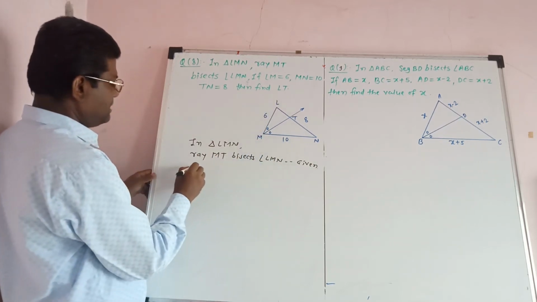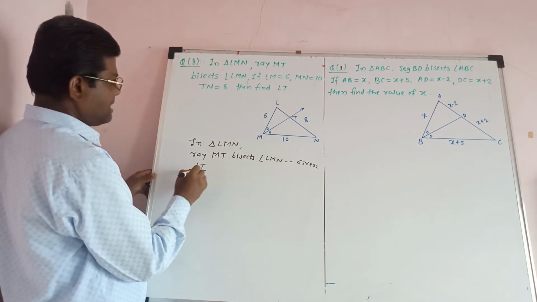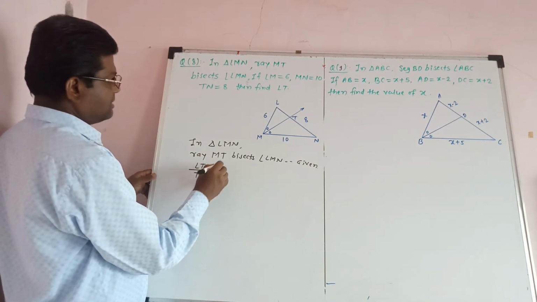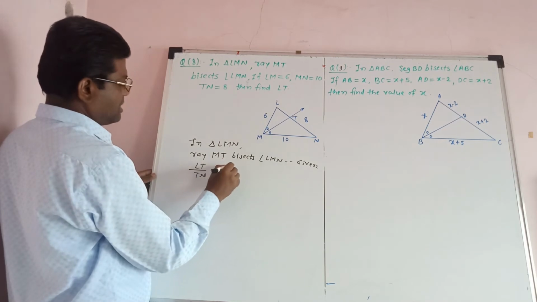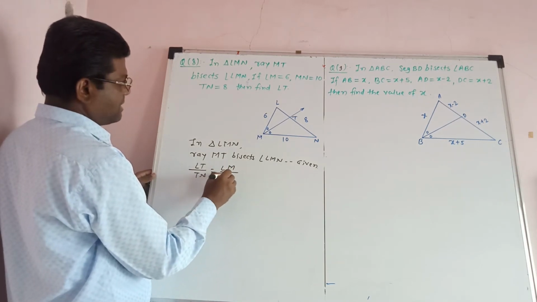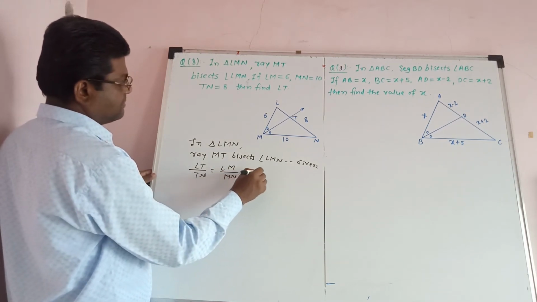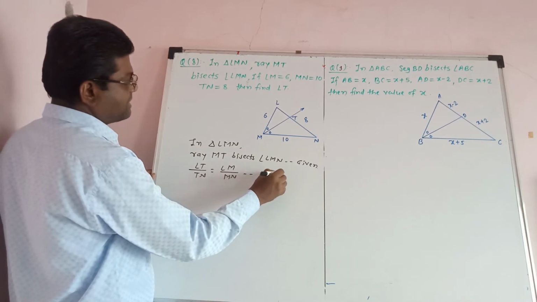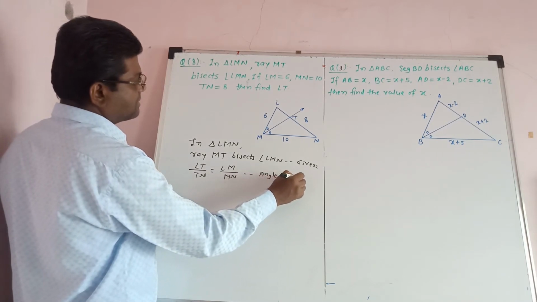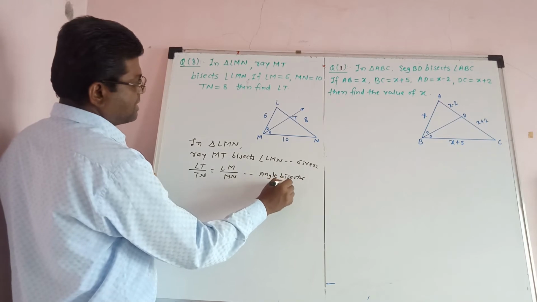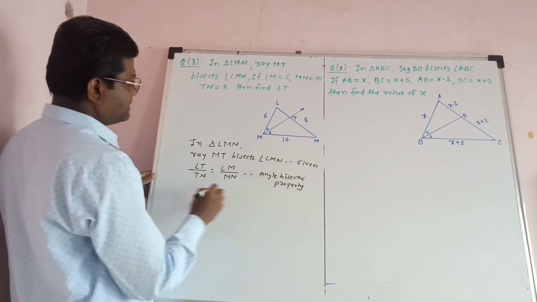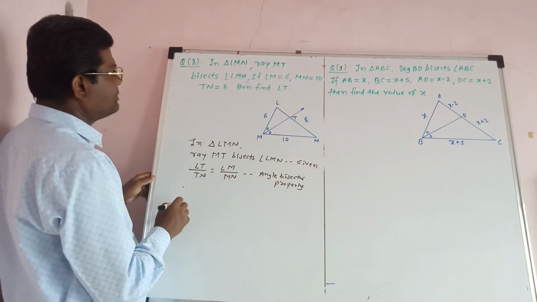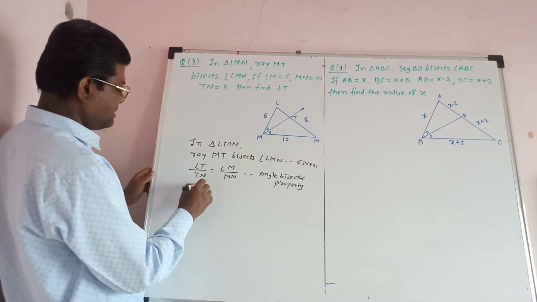Therefore, starting from L, LT upon TN is equal to LM upon MN. Reason is angle bisector property. Put the values. We have to find LT.